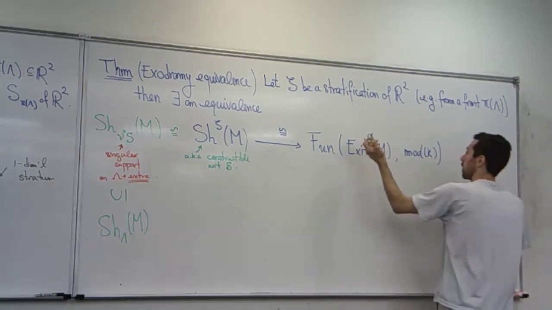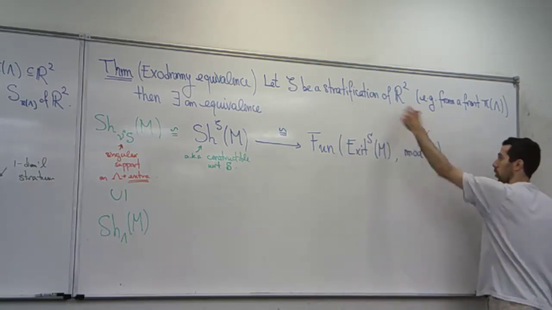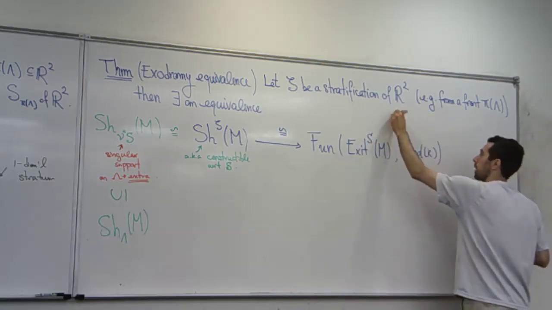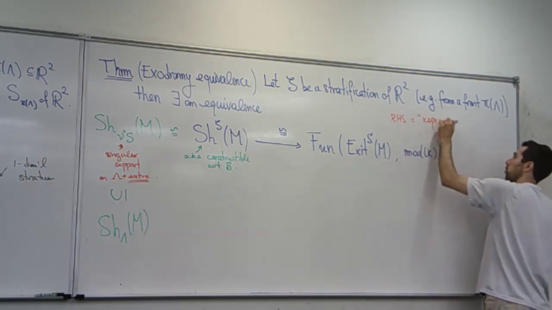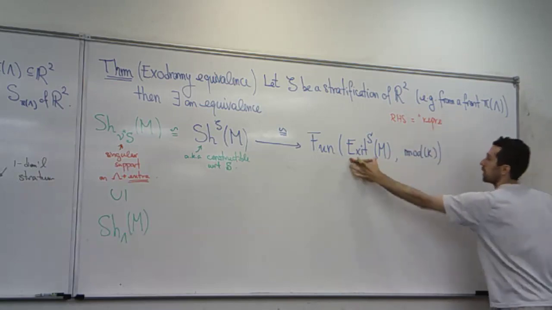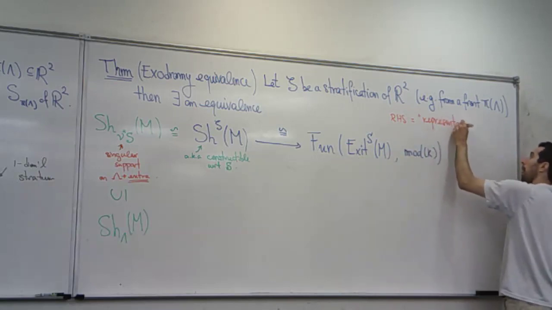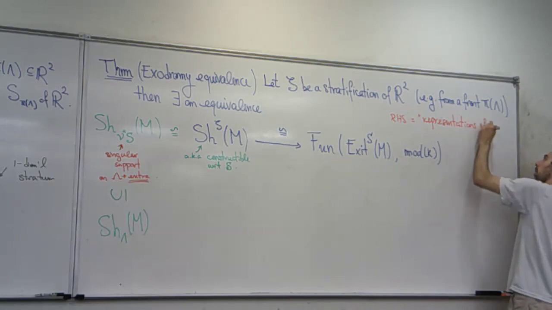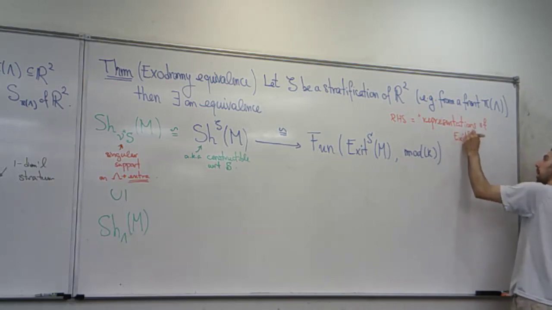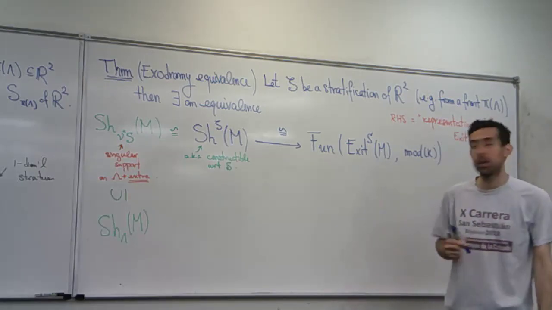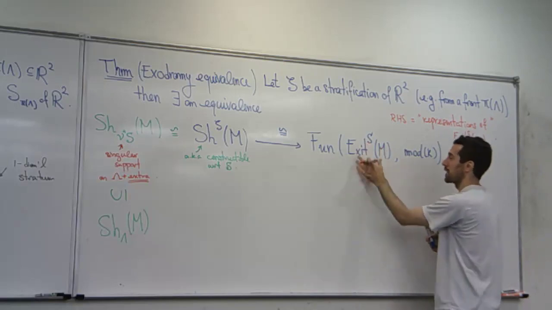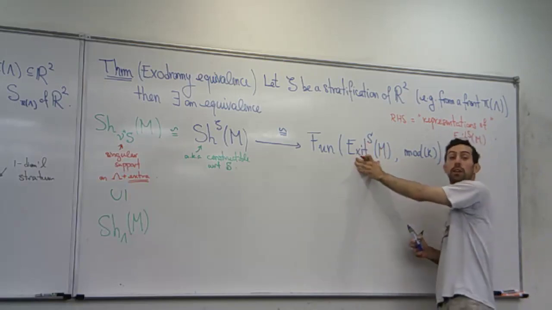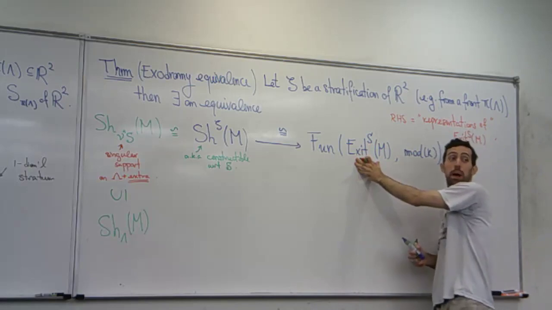You should think of it informally, this whole right-hand side, as just representations, broadly understood, modules, representations of this category, exit S M. As an example, if the stratification is empty, the short answer is that this is just the fundamental Poincaré groupoid, which is a generalization of pi 1.